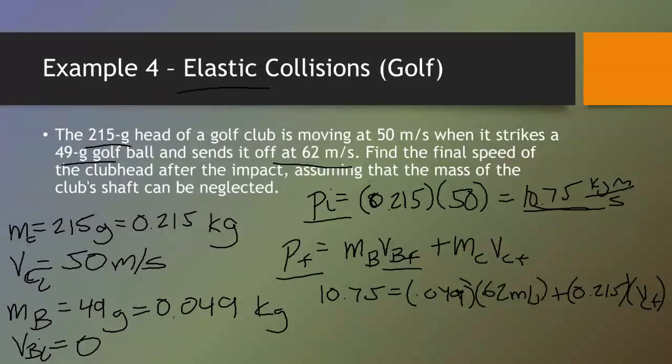And then we're going to subtract that from 10.75. That'll get rid of this here. And we'll be left with 0.215 times the velocity we're looking for.